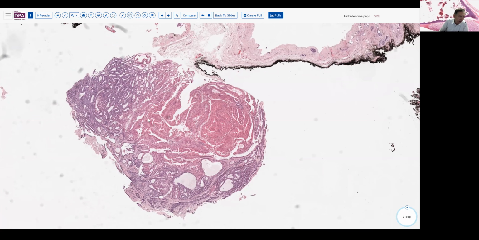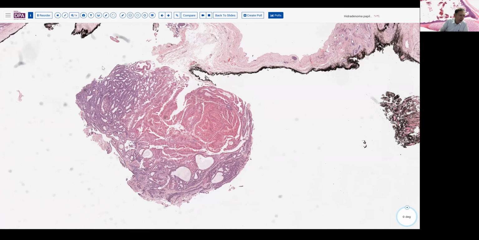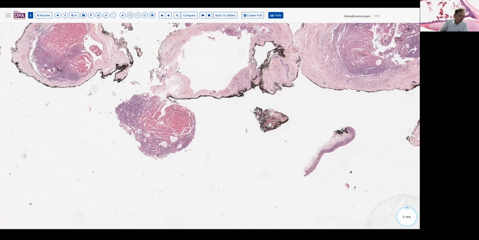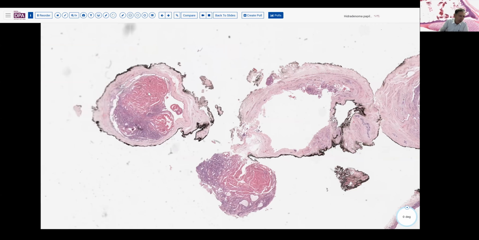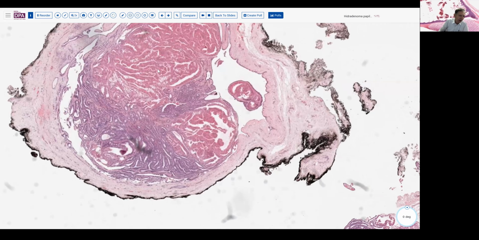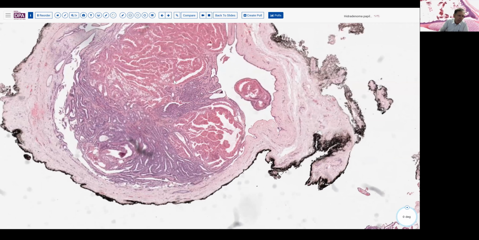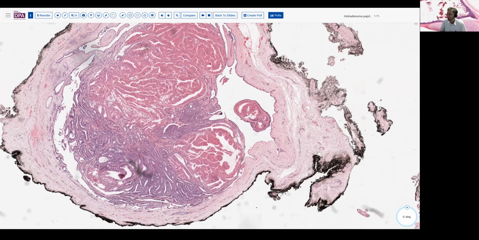And this is a benign papillary neoplasm that probably originates in ectopic or extramammary breast type tissue, and can have these varying morphologies. I think the correct diagnosis for this would be hydradenoma papilliferum, perhaps with a little additional comment that areas of apocrine metaplasia are present.